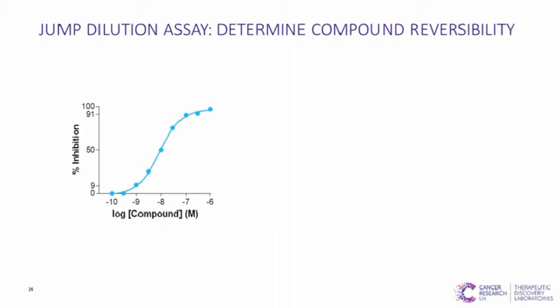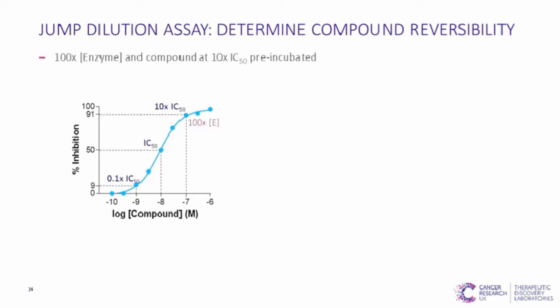The jump dilution assay is a more mechanistic assay that looks at compound reversibility. The principle of the assay is to pre-incubate the enzyme at 100 times its final concentration, with the compound at a concentration of 10 times the IC50.